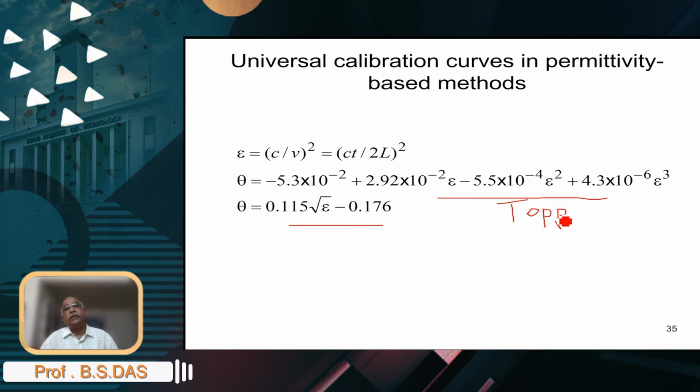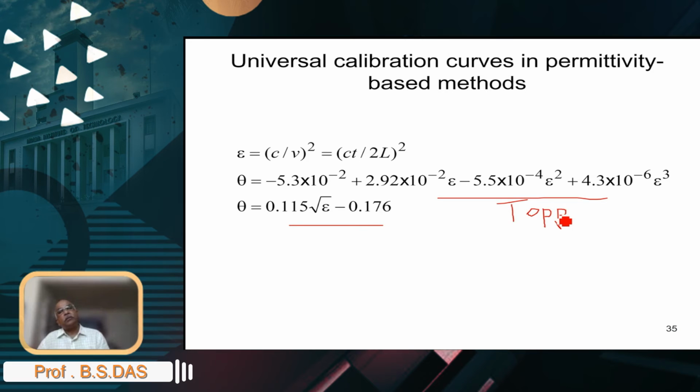It is shown that the dielectric constant can be a square function of the ratio of the velocity of light to the velocity of the electromagnetic pulse in a dielectric material, so C over V. And this velocity is basically the distance that the electromagnetic pulse travels inside the soil over time.